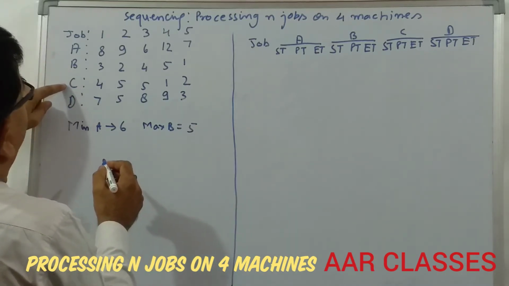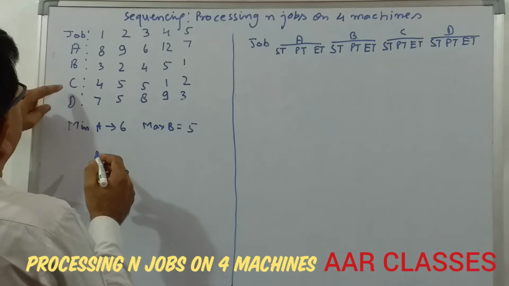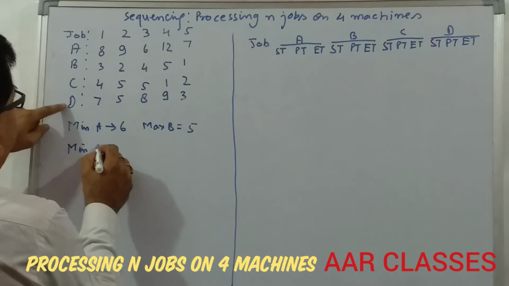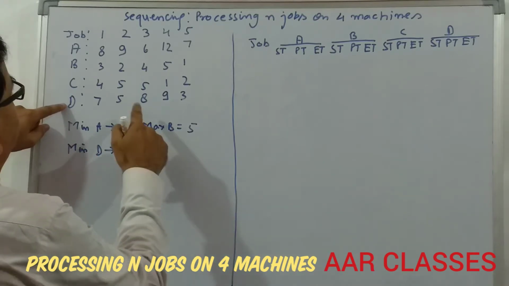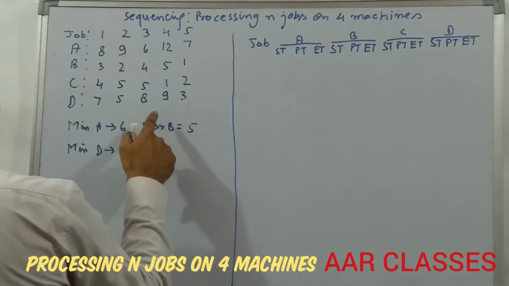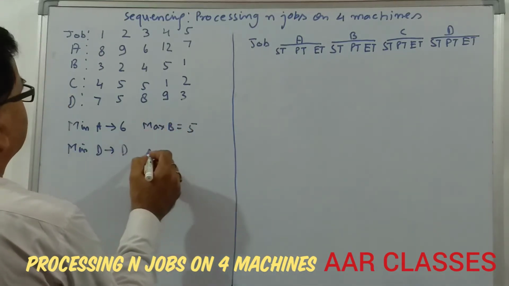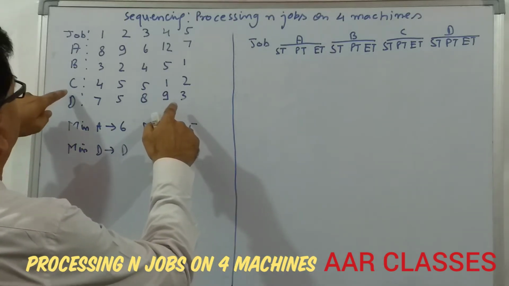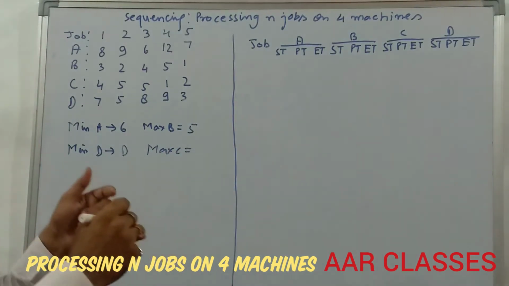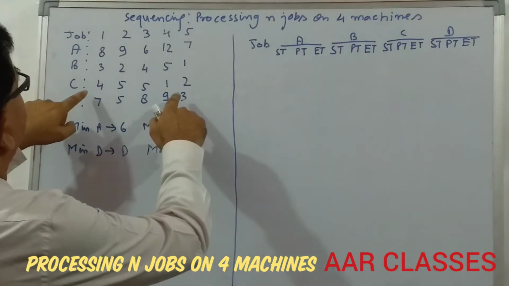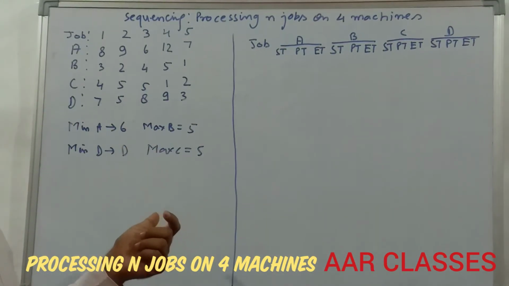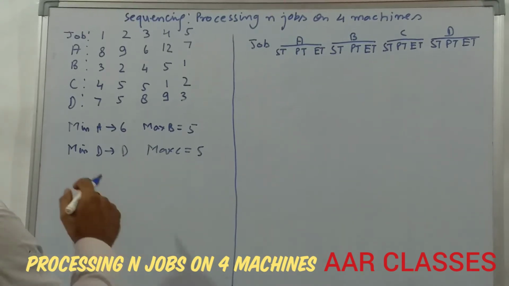Again, the minimum of D is 3, and the maximum of C is again 5. Either of the two conditions must be satisfied here.